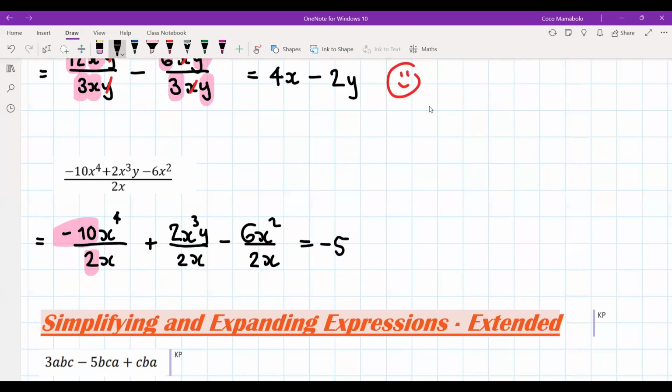X to the power of 4 divided by x will give me x to the power of 3 plus 2 divided by 2 will give me 1. You can write the 1 in or you can leave it out. It won't really make a difference. X cubed divided by x will give me x squared and the y must come along for the ride. X squared y. And then I've got negative 6 divided by 2 will give me negative 3 and x squared divided by x is x.